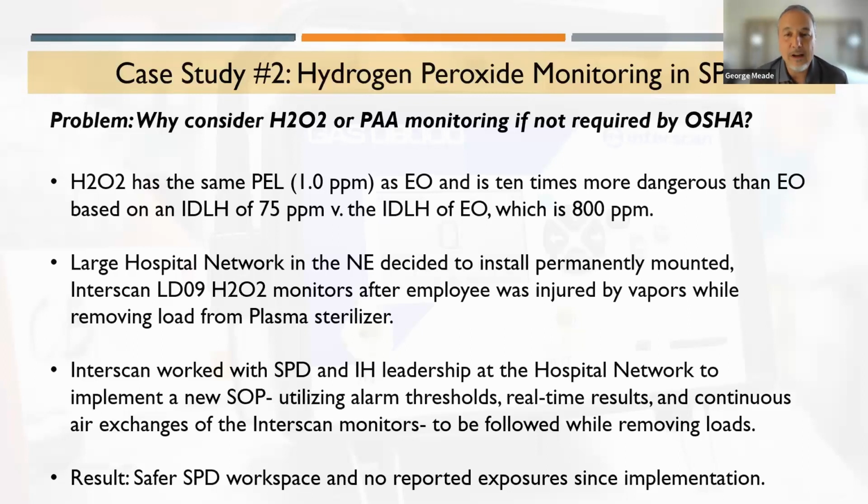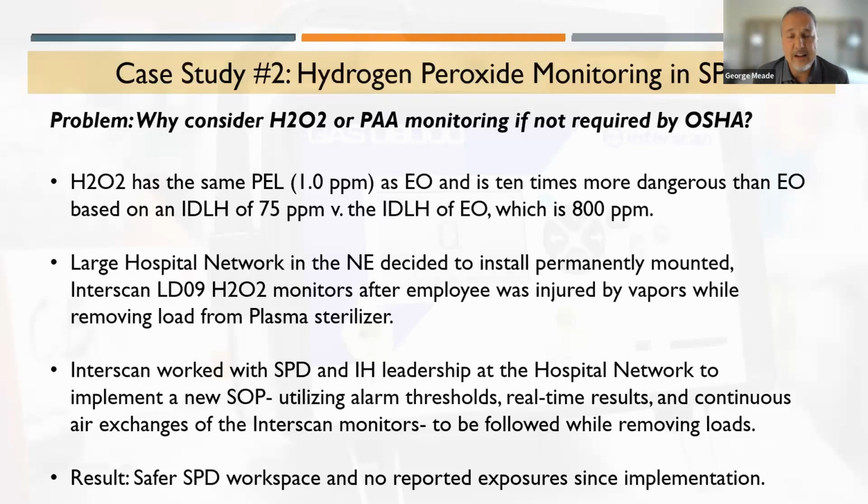So ETO has to get to 800 ppm before it will kill you, whereas hydrogen peroxide approaching 75, less than 1/10, becomes extremely dangerous.